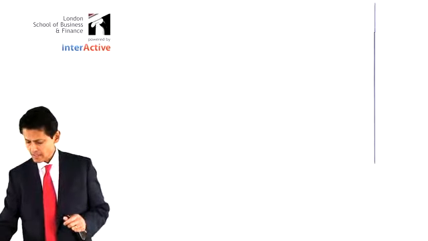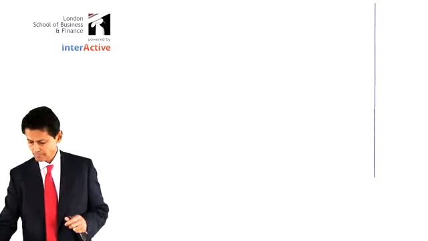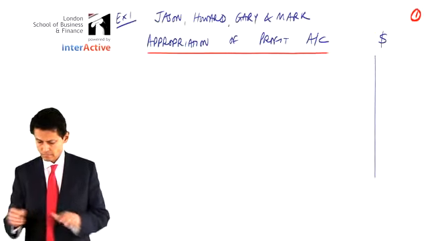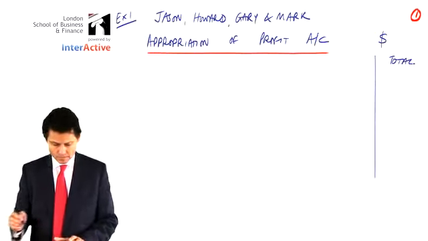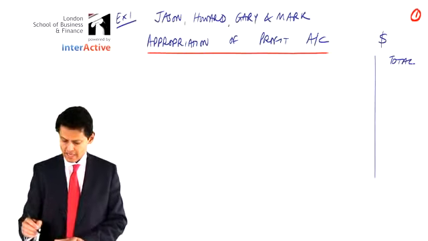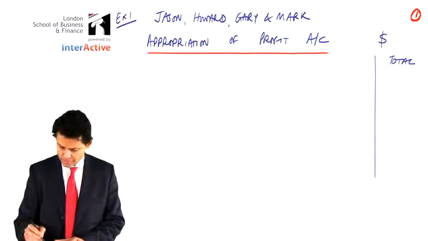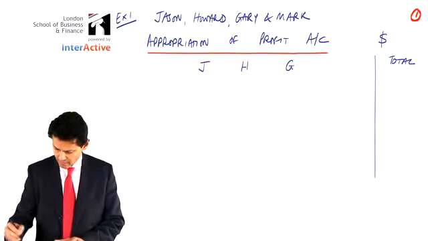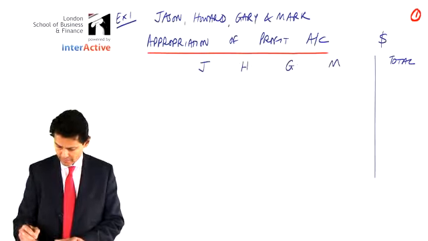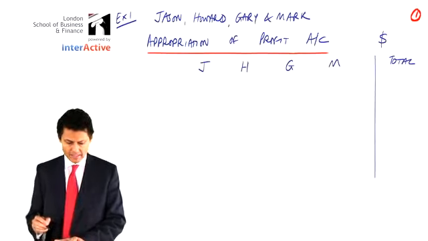And that is the total column. On the left-hand side, let's have 4 columns for Jason, Howard, Gary, and Mark. So everyone fits in quite easily.